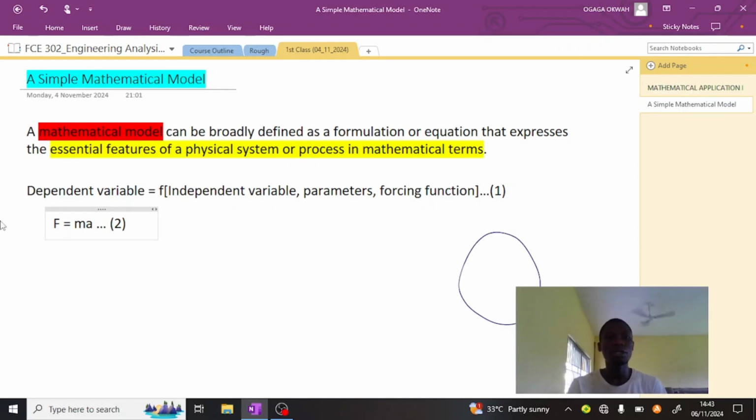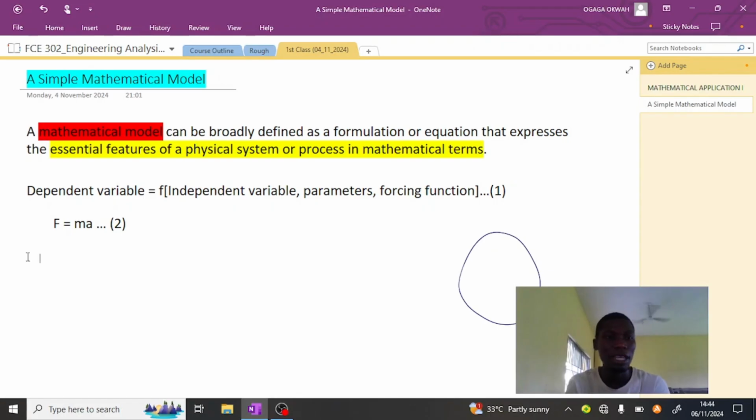In this equation, Newton explained a physical process or a physical system, where the net force equals the mass times acceleration. From what was given in class, I will define everything we have in equation 1 using equation 2 to explain them.